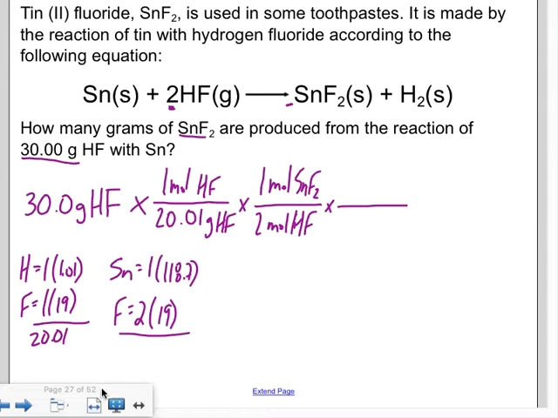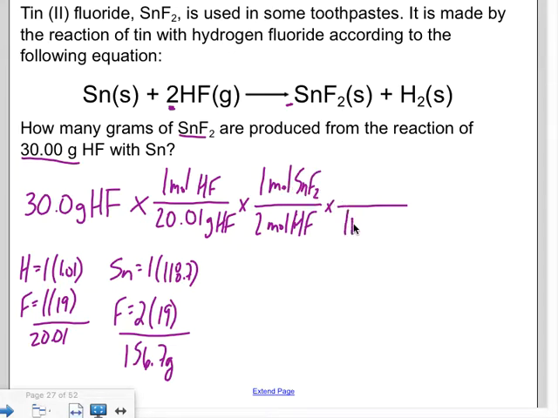I add them up and get 156.7 grams. Okay, so I'm in moles of tin fluoride. That means moles goes on the bottom. It will be 1 mole of SnF2. 1 mole of SnF2 is 156.7 grams.